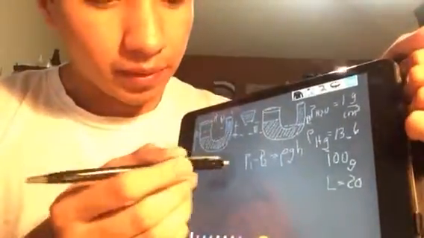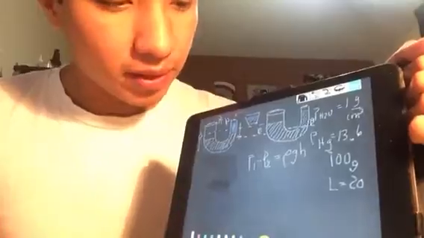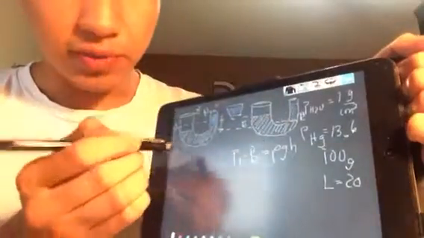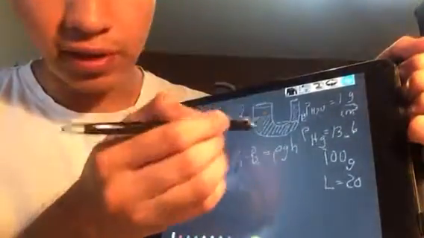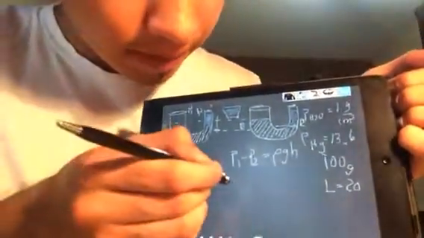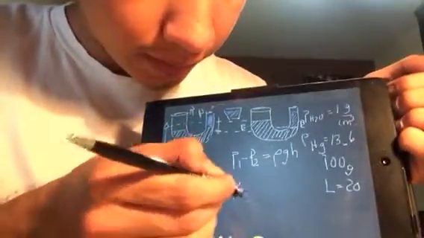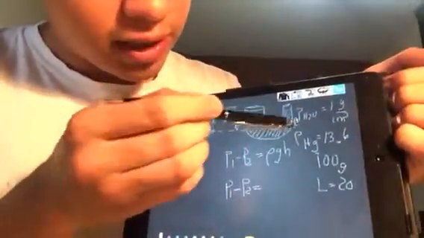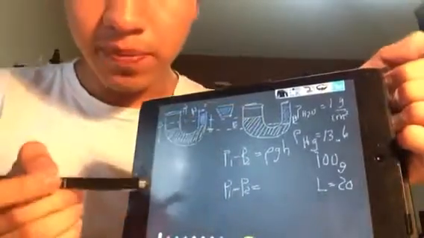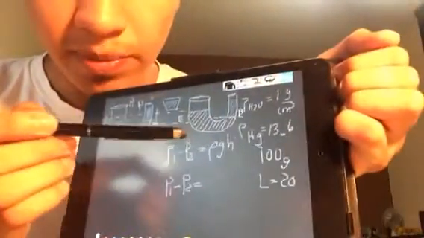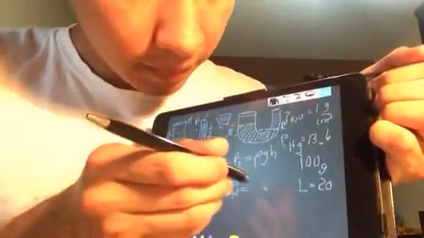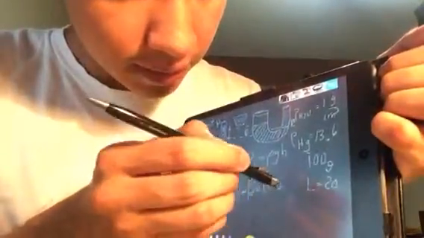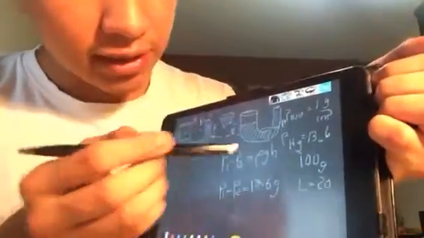So for this part here, I'm going to first work with this part of the container, and we have that P1 minus P2 is going to be equal to... Here in this part we have mercury, so we have to work with the density of the mercury, which is 13.6 times gravity and times the height.